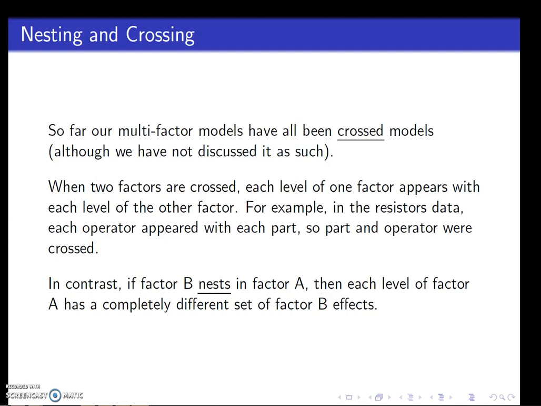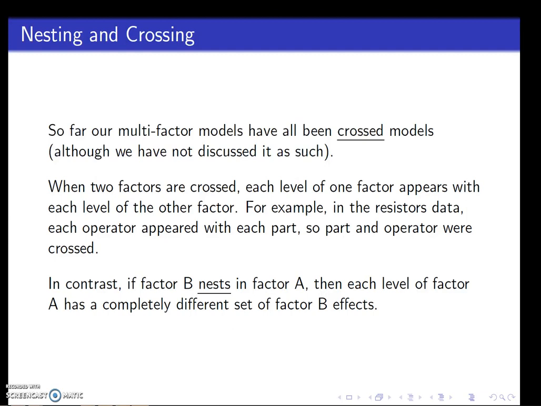Let's compare and contrast that to what if we have a factor B that nests within factor A? Then each level of A has a completely different set of B factors or levels. So this might be a case where factor A contains some sort of structure and determines what kinds of level B can be observed.